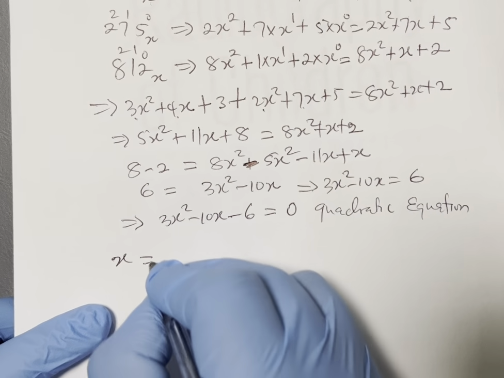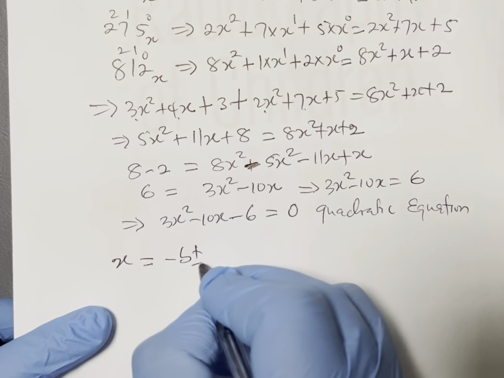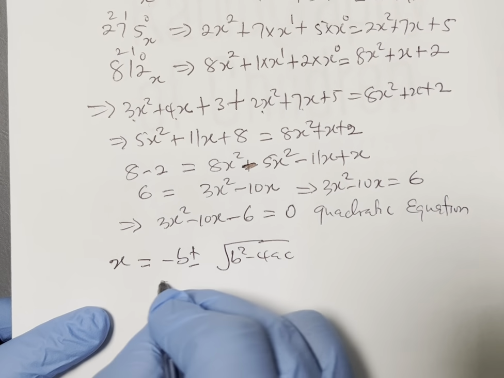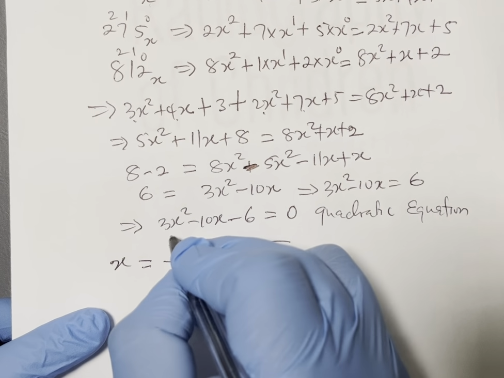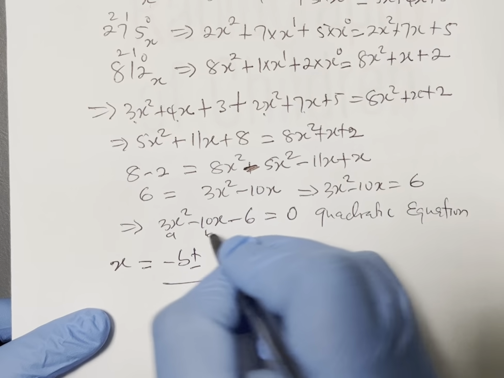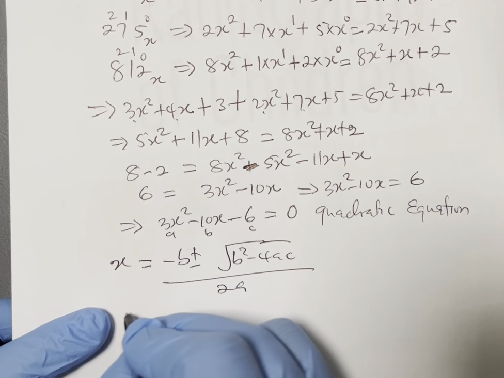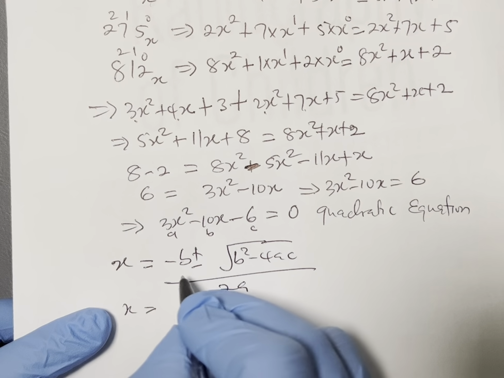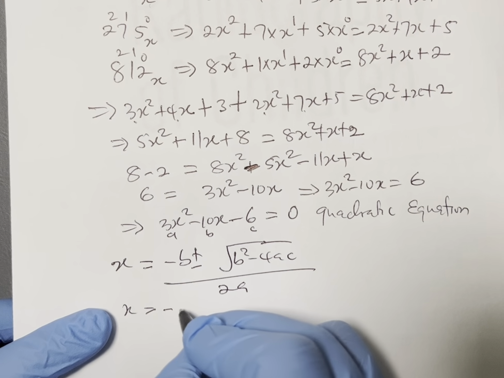So the formula is x is equal to minus b plus or minus square root of b squared minus 4ac all over 2a. So this is a, this is b, this is c. So x is equal to, so anywhere I see b, I'm going to substitute with minus 10. That is minus b, that is minus bracket minus 10.